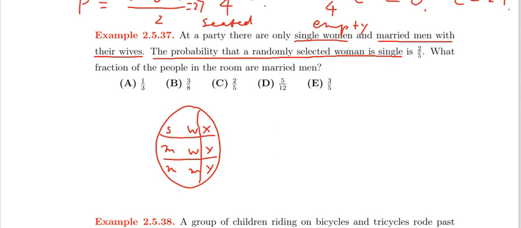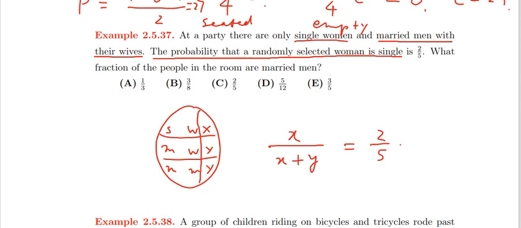So the probability for single is 2 over 5. So this probability should be X over the total women, X plus Y. This equals 2/5.